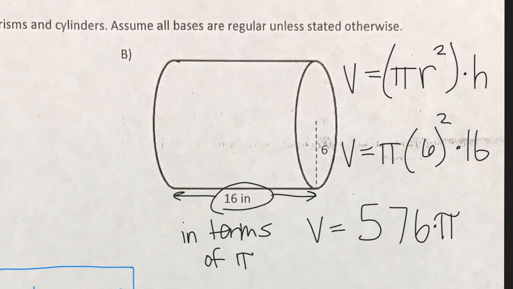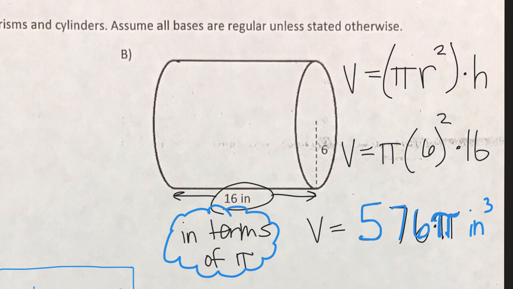And our units are cubic, so cubic inches. So this is a perfect answer, 576 pi cubic inches, okay? So this is in terms of pi, which means your answer needs to have the pi symbol in your answer. Do not put pi into the calculator because it will decimalize it.